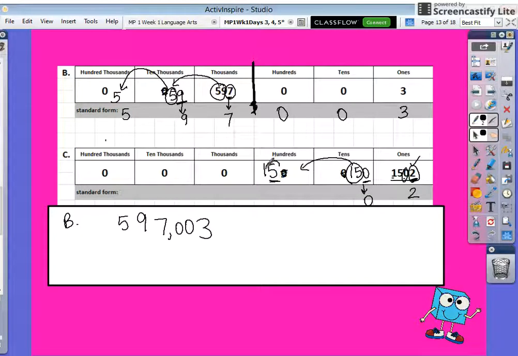And we'll keep this 5 here, and then we're going to move our ones over to the thousands. So our answer to C in standard form is 1,502.